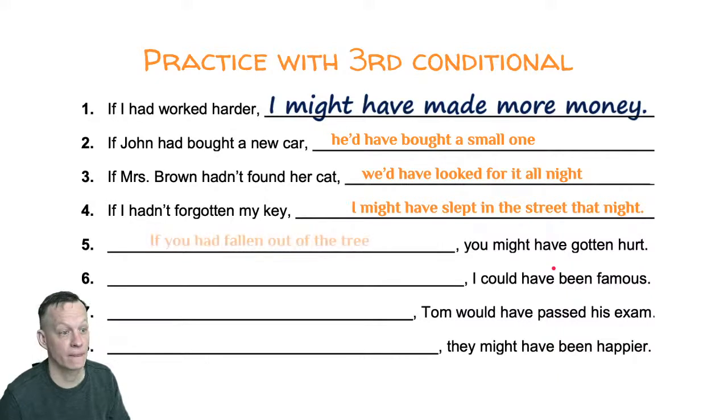Okay? If you had fallen out of the tree, you might have gotten hurt. Number 6, did I miss anybody or... Nobody did 6. If you hadn't been so careful, you might have gotten hurt. Yes, Santi. Good.